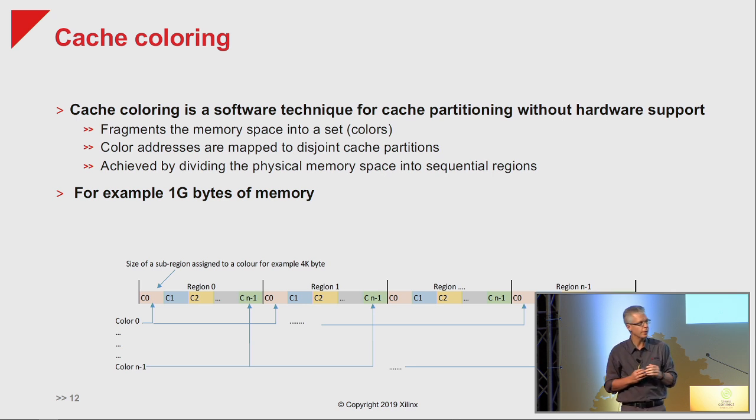Let's say that we allocate to the RTOS partition physical memory that corresponds to one of these colors, let's say green. And then we make sure that when we allocate the physical memory to Linux, we avoid the green parts. Then we know that Linux is not going to hit those cache lines. So that's what cache coloring is, at the very high level.